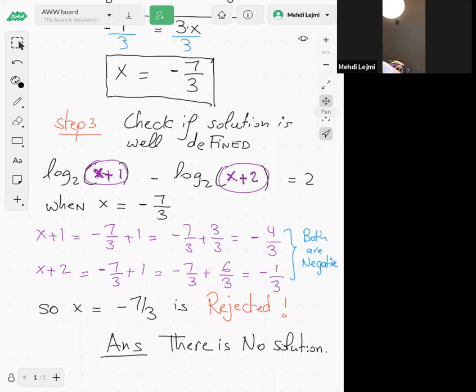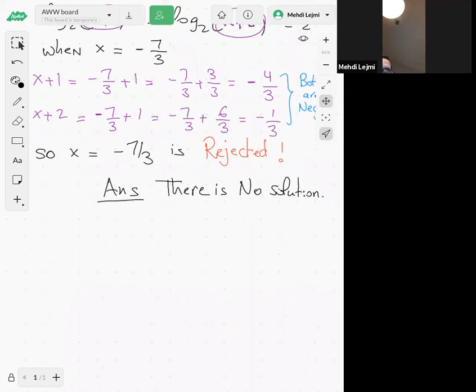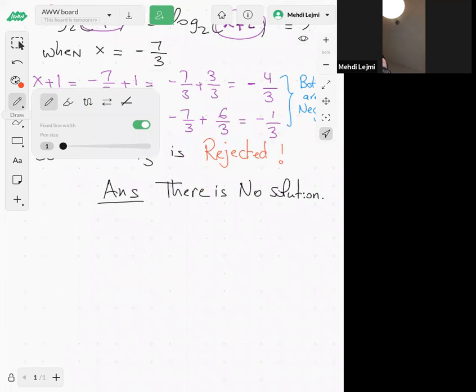Problem 1 in homework number 6 is due Thursday night. We have 2 log equations, and they are very similar to the examples we had, right?